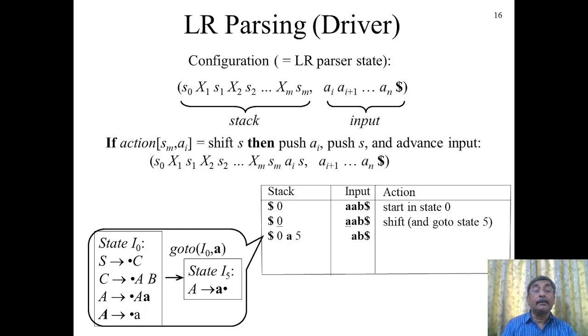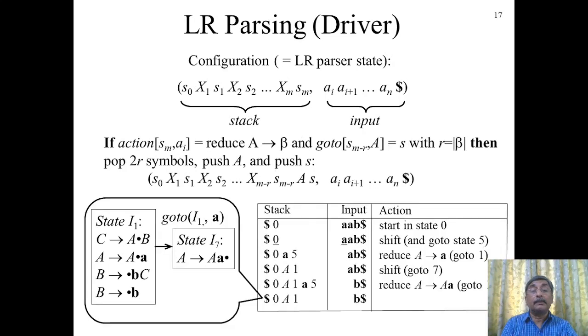In an example I'm narrating to you, you see that I have 0 A 5, I'm here and it says to reduce. So the moment it says to reduce, I will write something like this. Even this one also I reduce. What I do, I pop out 4 symbols and push in 1 symbol.